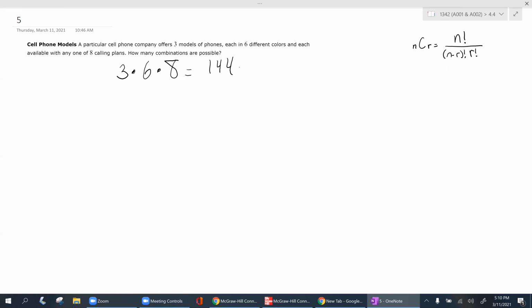So let's say you're in a scenario where I'm only allowed to use, for these combinations, one model out of 3, with one color out of 6, and one calling plan out of 8.